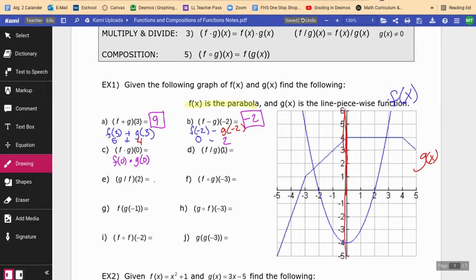And I'm just looking at basically the 2 intersection points. So this one's at 0, positive 4. This one's at 0, negative 4. So f of 0 is negative 4 times g of 0 is positive 4. Negative 4 times 4 is a negative 16.